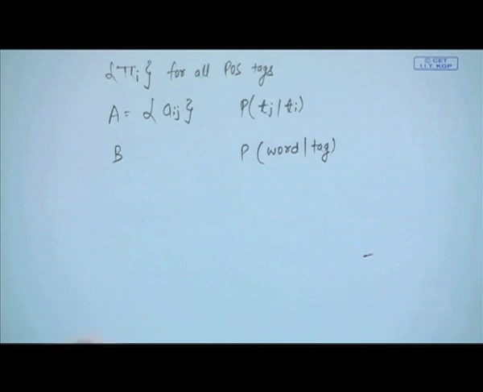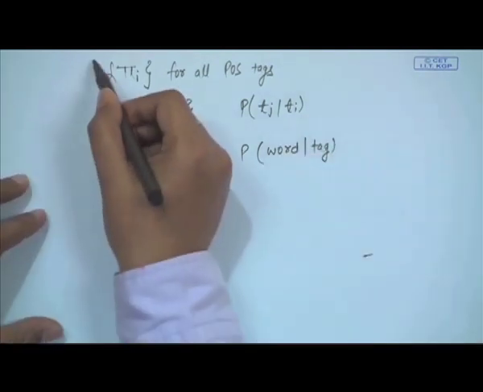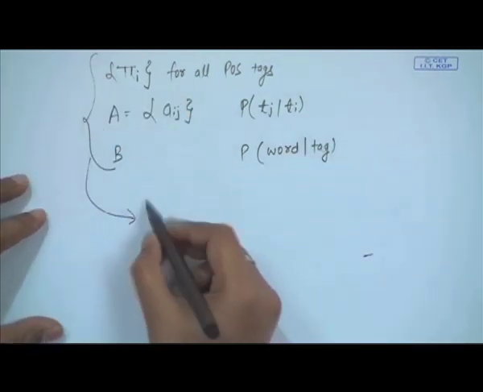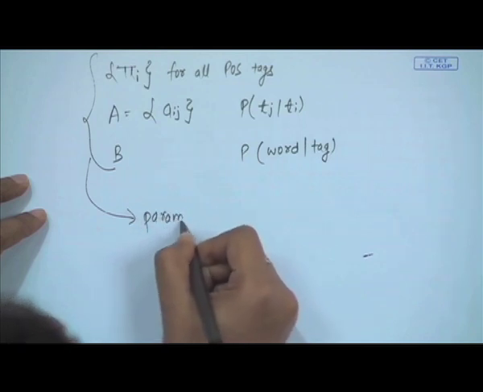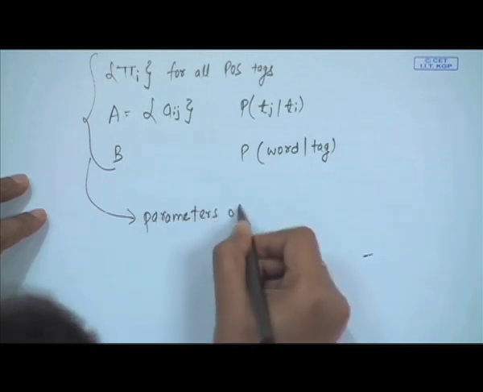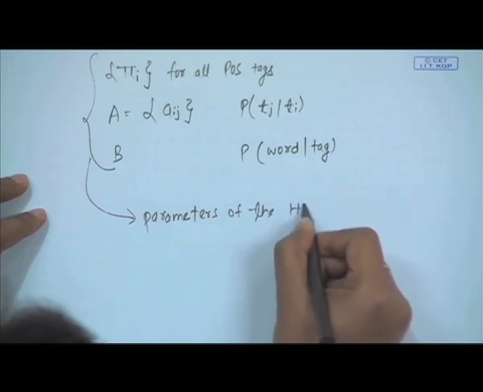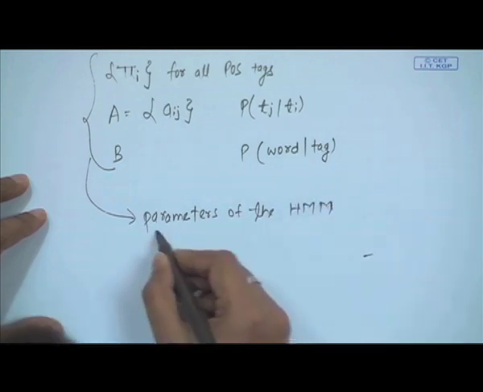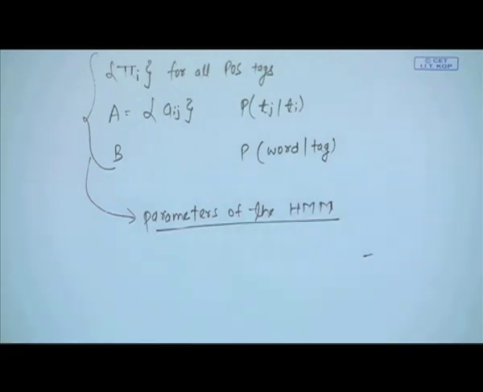So now the question is, these are my parameters of the HMM. How do I actually find out these parameters of my HMM? Here I am saying there are two different scenarios that you might have.